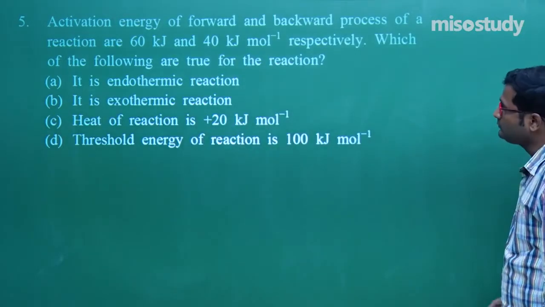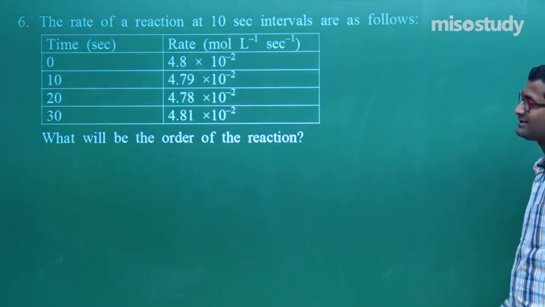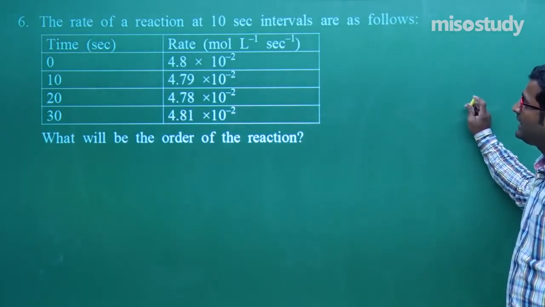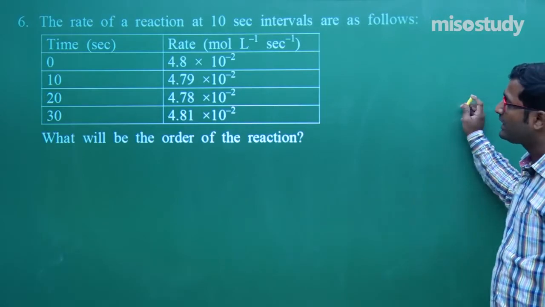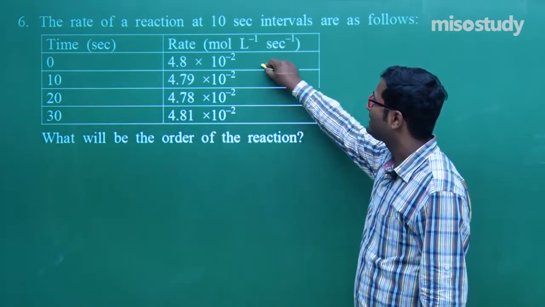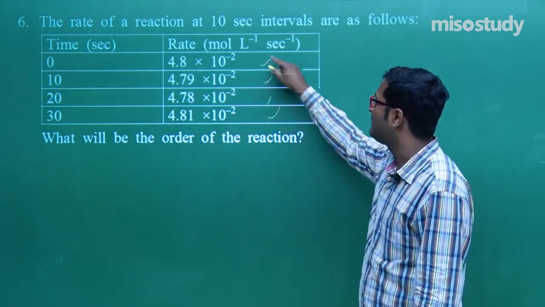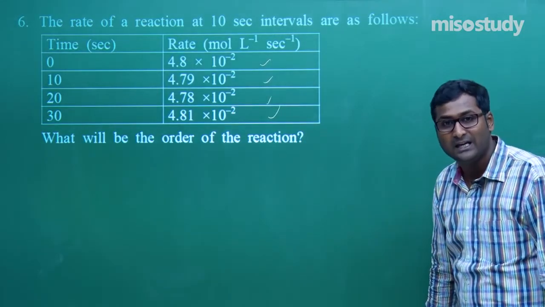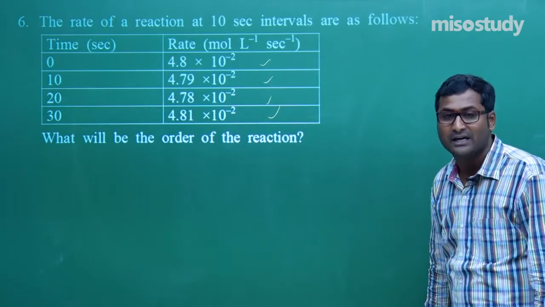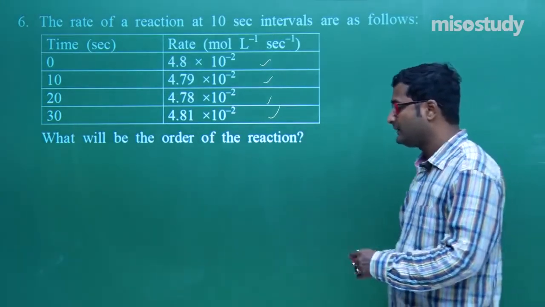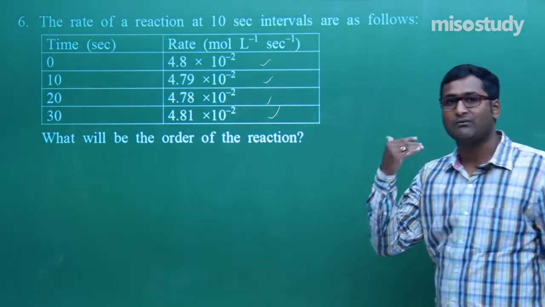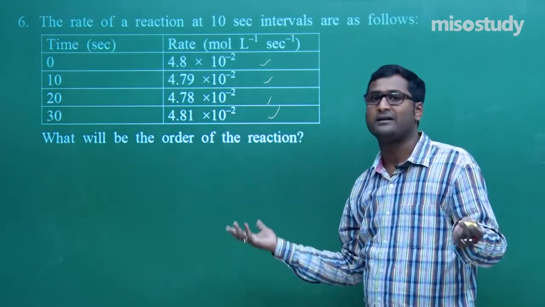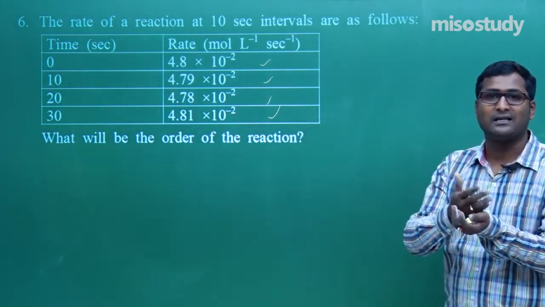Now let's move to question number 6. This is a very simple question, the integer type. The rate of reaction at 10 seconds. Look, when time changes, rate never changes, it almost remains the same. As I told you, during any reaction, if time increases from 0 to 10 seconds, to 20 seconds, 50 seconds, 100 seconds, the concentration decreases.